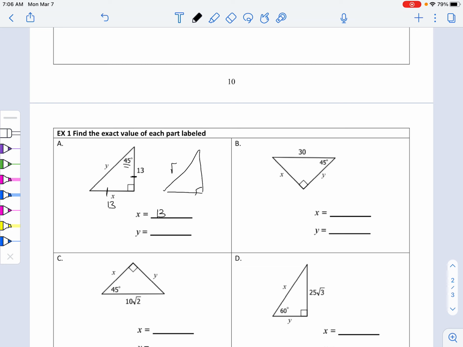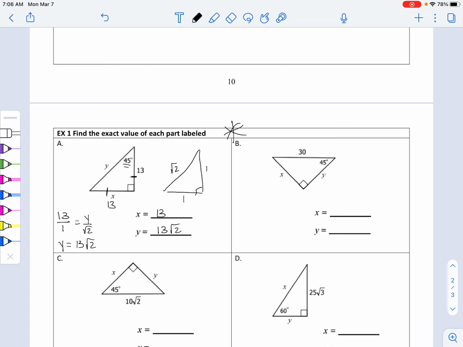The other option that we have done in the past is set up your ratio triangle and set up your ratio 13 over 1 equals y over square root 2. Do your cross multiplying and we get out that y is 13 square root 2.